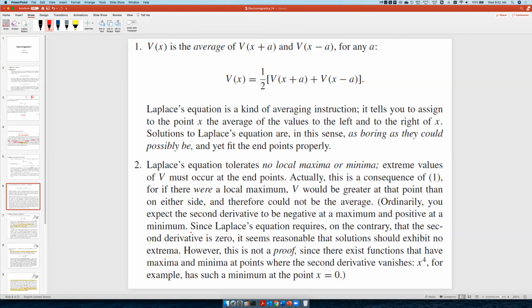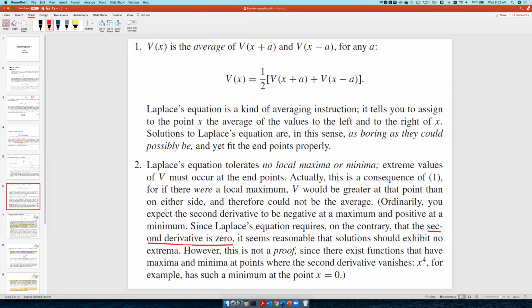From another point of view, since Laplace equation requires, on the contrary, that the second derivative is zero, it's reasonable that the solution should exhibit no extrema. Do you remember what it means for the second derivative?